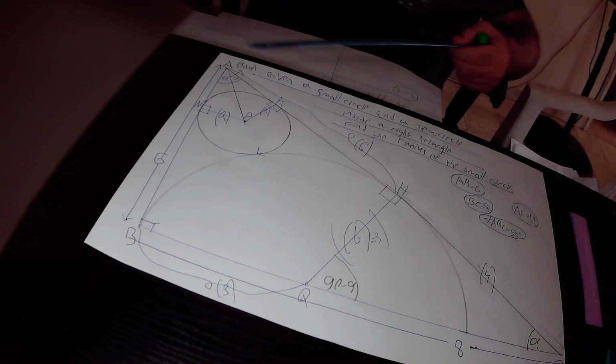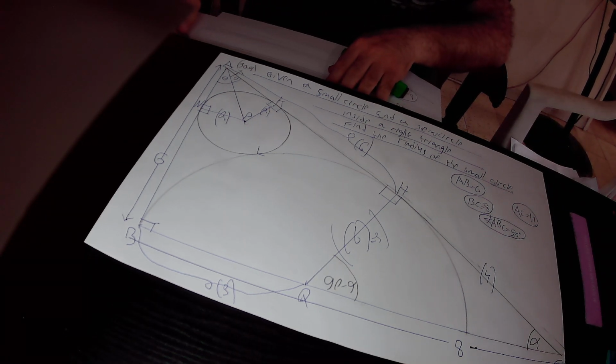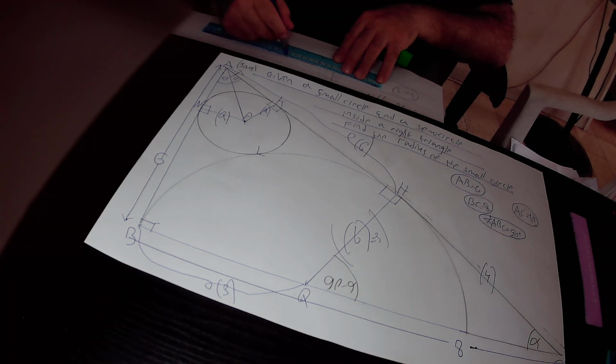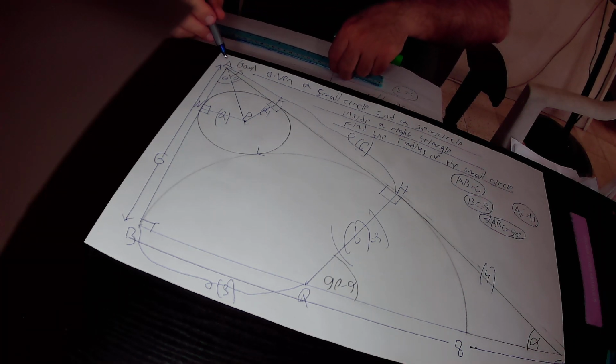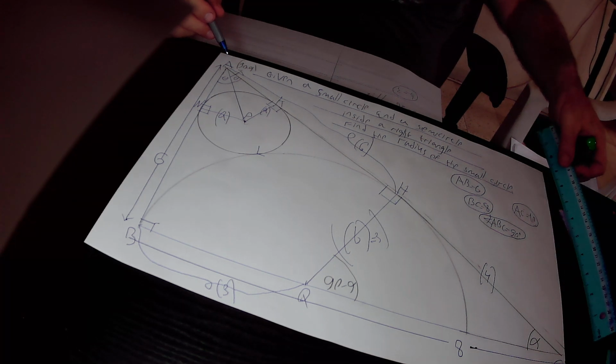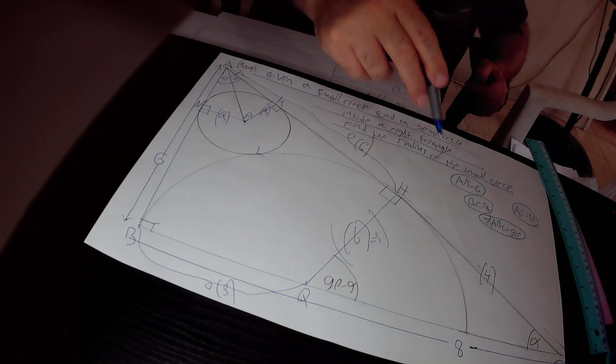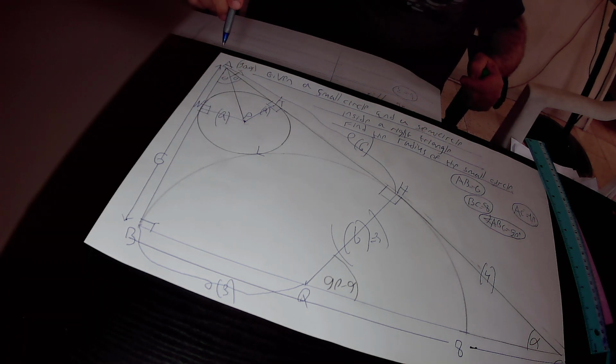Likewise, we'll continue to focus on this common standpoint point A. From this common standpoint point A, we have two tangents towards this big semicircle, tangent AB and tangent AH.